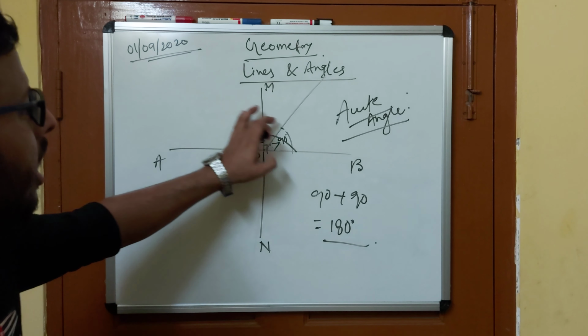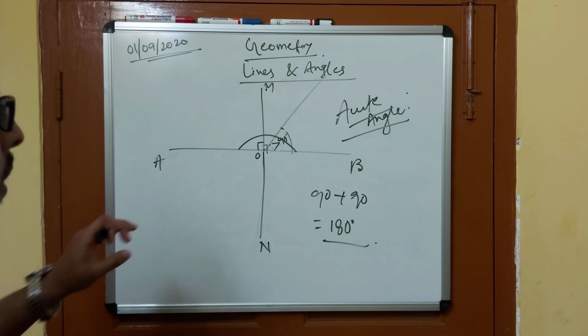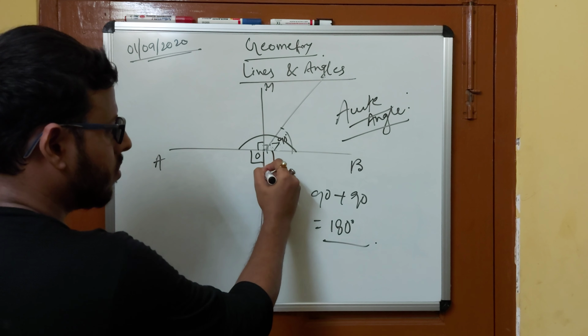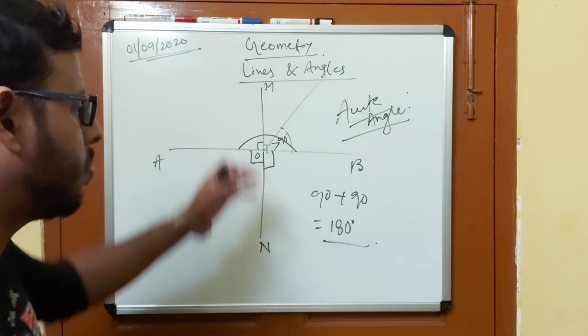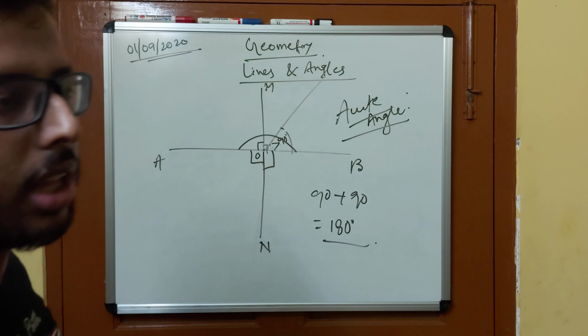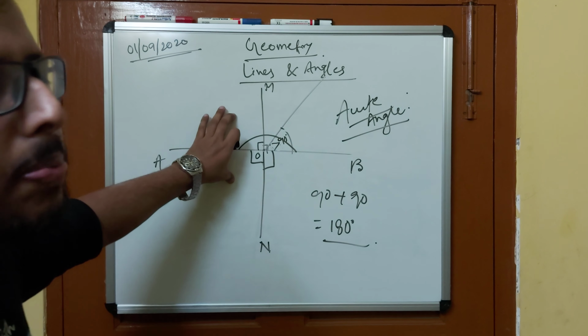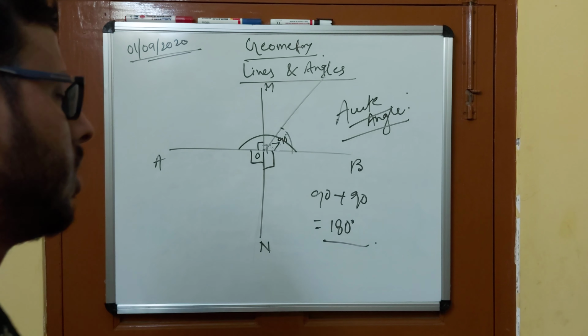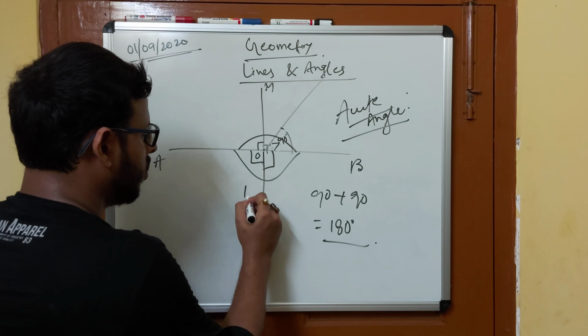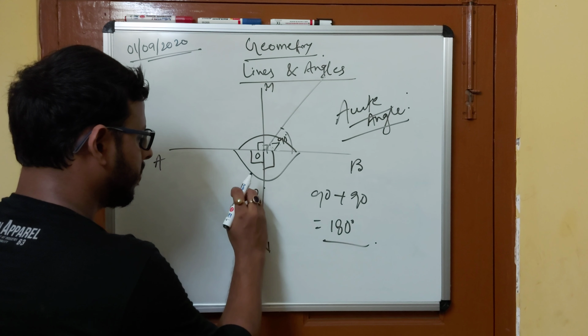Now, this angle is also 90 degree, and this angle is also 90 degree, right? Because both are perpendicular bisectors. So OM and ON are both 90 degree, or both are the perpendicular bisector of AB. So this angle is also equal to 180 degree, right?